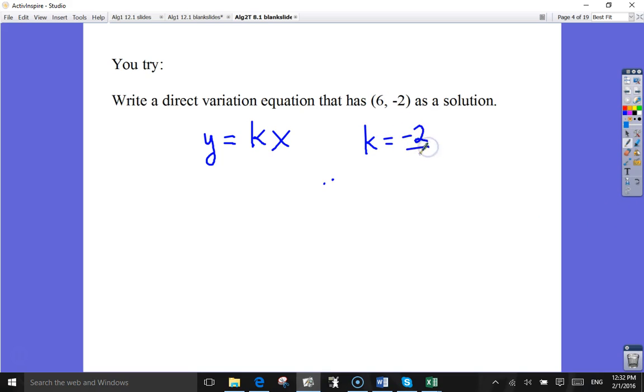It's the y divided by the x, negative 1/3. But you were asked for the direct variation equation, so it's y equals negative 1/3 x. Easy stuff, right? Too easy. Embarrassingly easy.